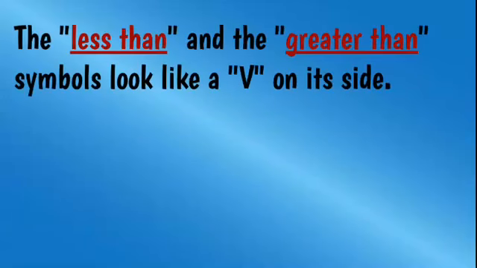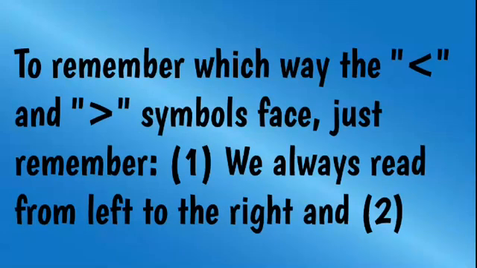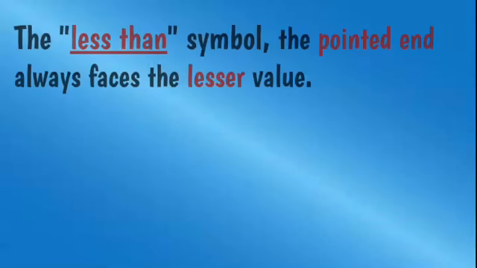The less than and greater than symbols look like a V on its side. To remember which way these symbols face, just remember 1, we always read from left to right, and 2, the less than symbol, the pointed end always faces the lesser value.